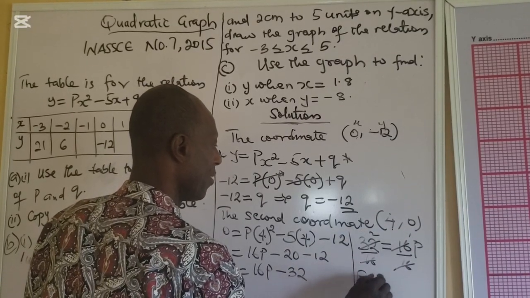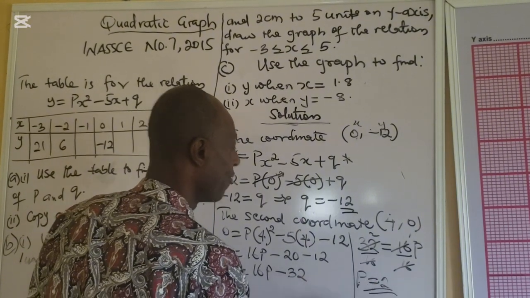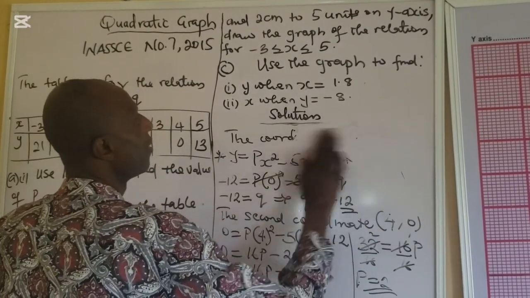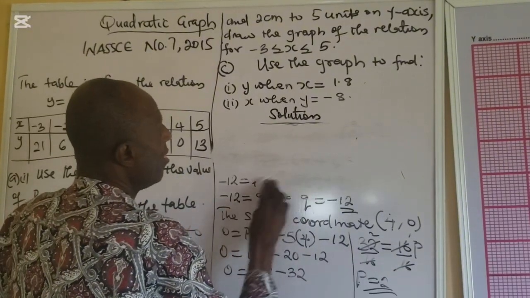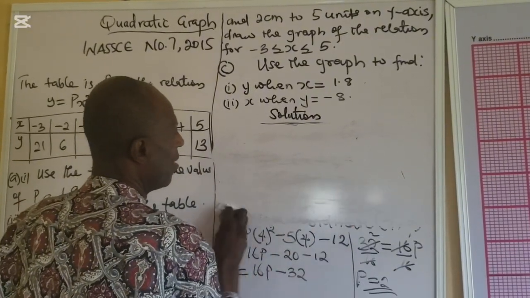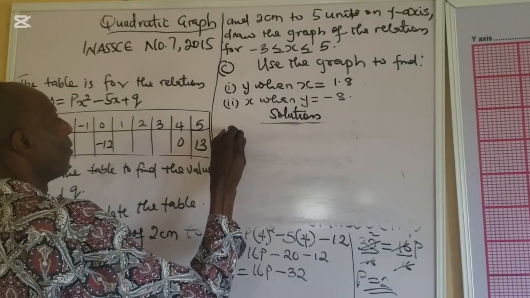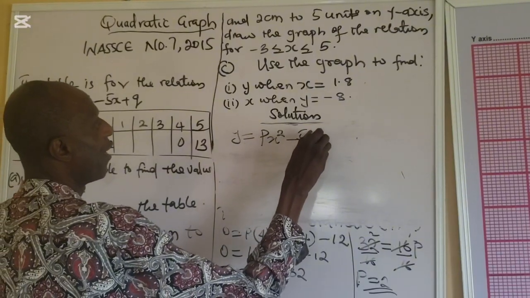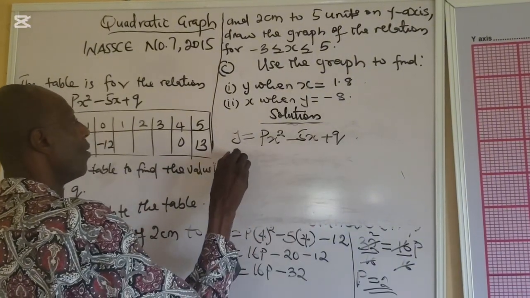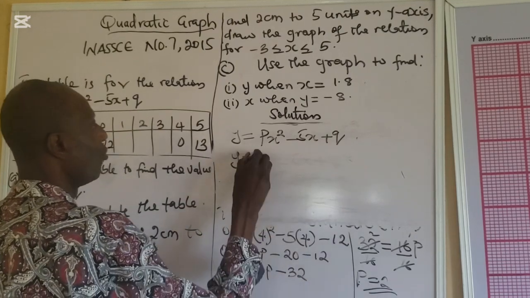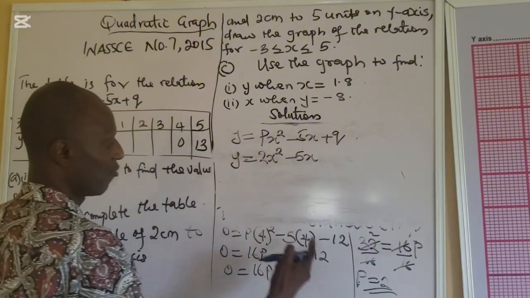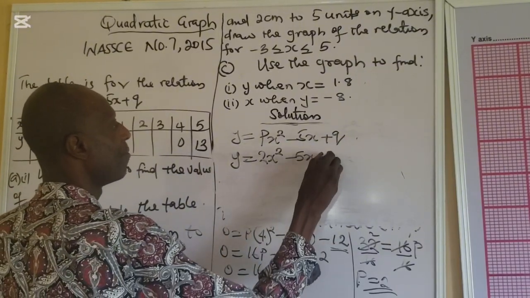So p now is equal to 2. So the value of p is 2 and q is minus 12. Okay, let us put it to get the value now. We will say y is equal to px squared minus 5x plus q. Y now is equal to, p is now 2, 2x squared minus 5x. Our q is minus 12.